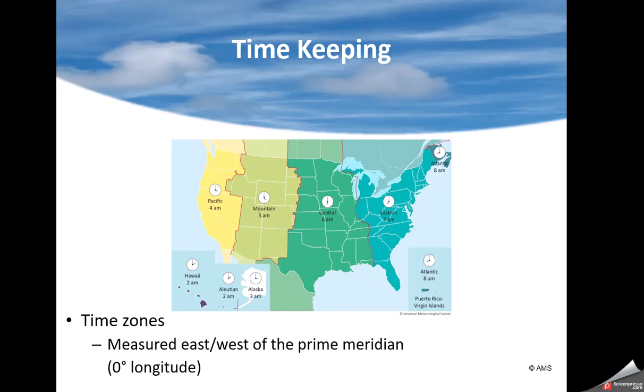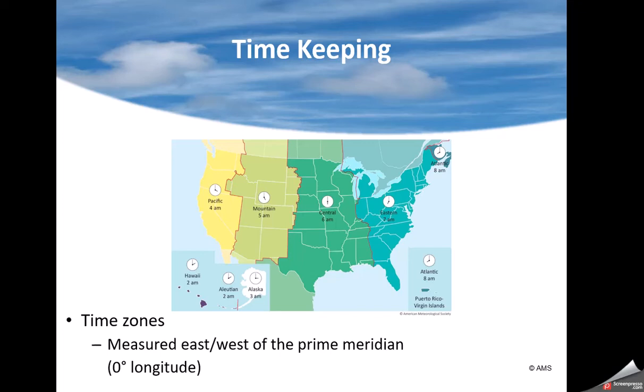For time zones, we use universal time, or Greenwich time, as our standard. In other words, we look at what we call 0Z, midnight in London, England, literally, and 6 hours later, or 12 hours later, and those are what we use as a standard time to plot a weather map.